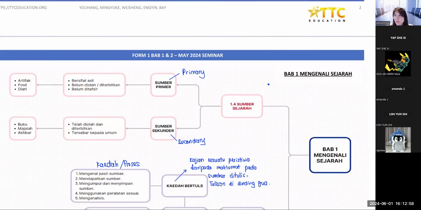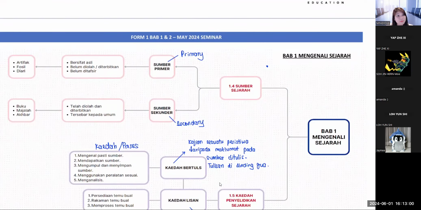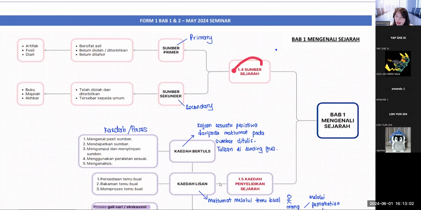Okay, now, then, of course, evidence, to be honest, evidence of history. Next page, guys. Page 3. Evidence are divided into primary evidence, sumber primer, secondary evidence, sumber sekunder. Primary evidence are original. Haven't amended yet. Haven't been published. Haven't been explained.